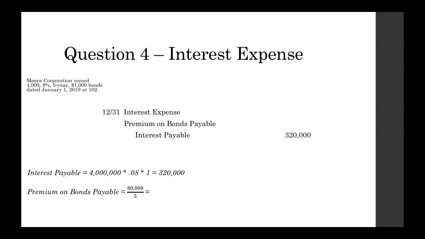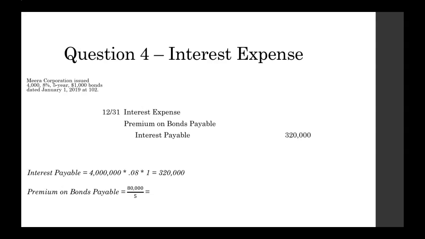Now, your premium: we found our premium on bonds payable to be $80,000. So why are we dividing it by 5? Well, we take a look up at the information given to us about when we issued these bonds. They were 5-year bonds. So we divide our premium amount by the number of interest periods.